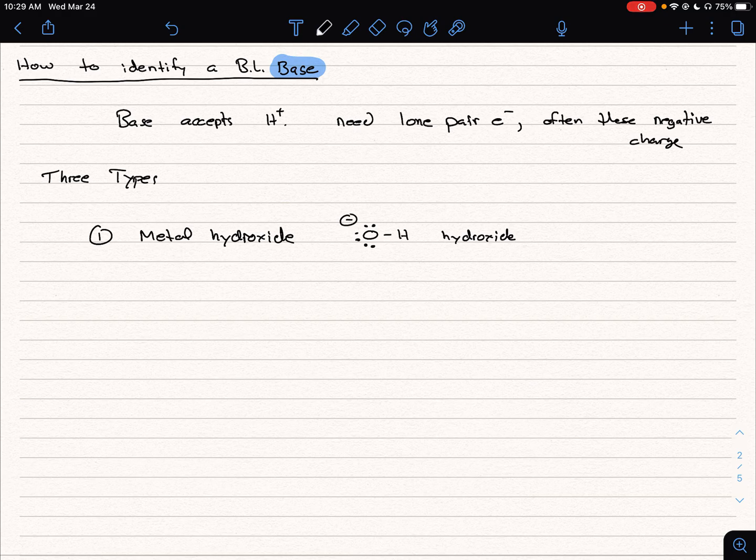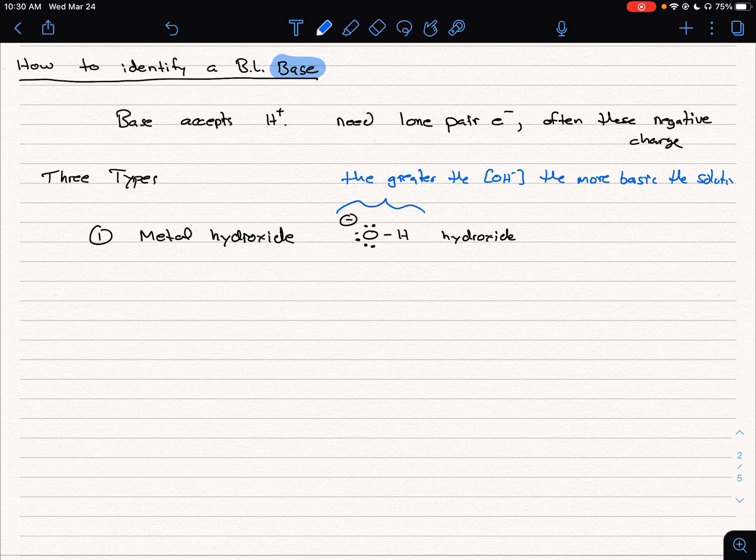And one of the things to take note of is hydroxide is really our measure of how basic a solution is. So the greater the hydroxide concentration, the more basic the solution. So anything that's going to put a hydroxide in solution is going to be basic.